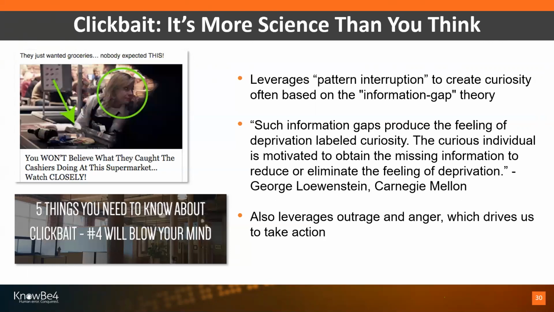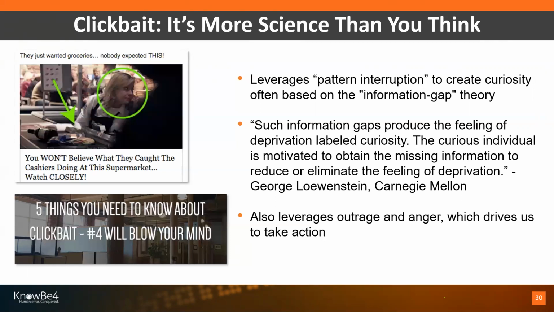It's incredibly effective. A lot of these also leverage outrage and anger. Now, the two strongest human emotions that make you take action are outrage and anger. So you'll see some of these, especially around political stuff, set up to get people mad, to get people upset, to get people to click on these things. And then it's like, I can't believe this.